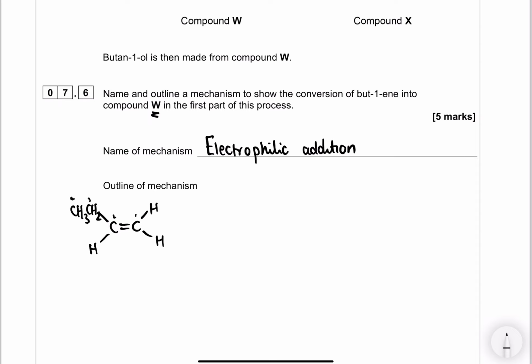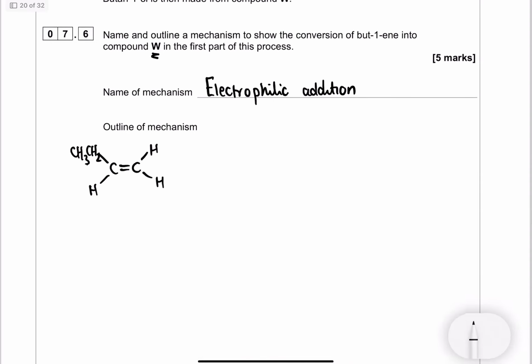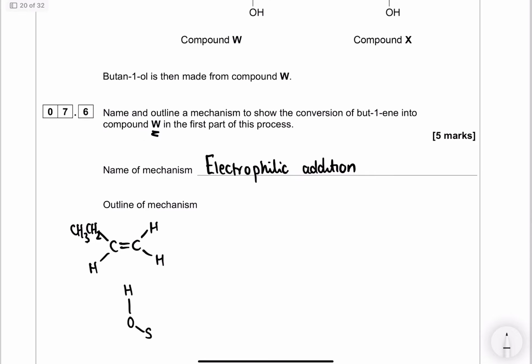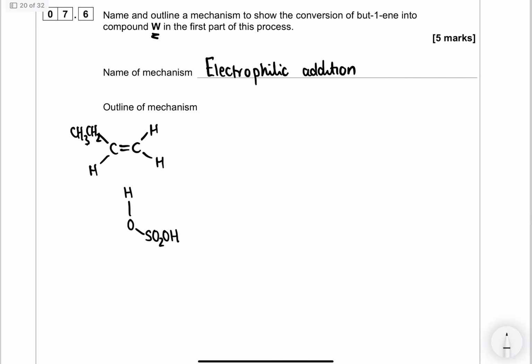I'm just going to remove those little numbers. And then what we're going to do is we're going to use sulfuric acid. So remember that we need to draw that out, that HO bond in sulfuric acid is then joined to the S. And we can see that they've drawn it out for us. I'm going to abbreviate it slightly to avoid having to draw so much.